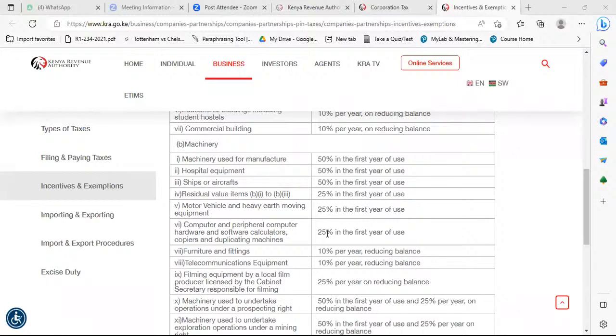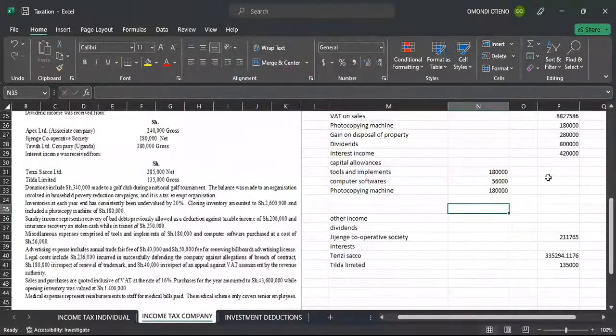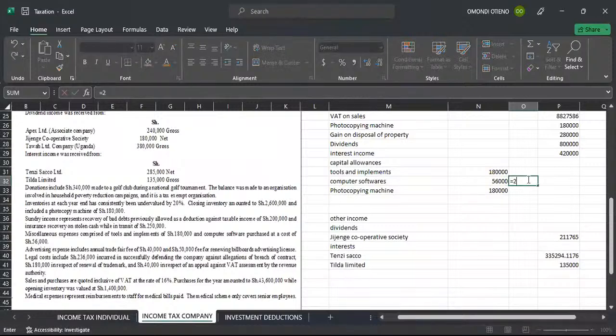So it means when you now get to that particular question here, we've seen that for computer software, whatever we are going to deduct, which is allowed as capital allowance, is 25% of the value of that asset. 25% of the value of the computer software.